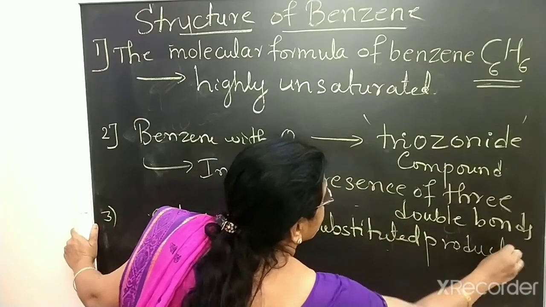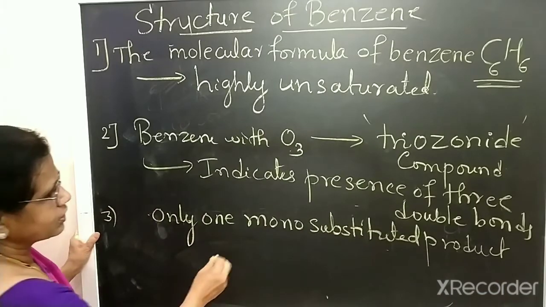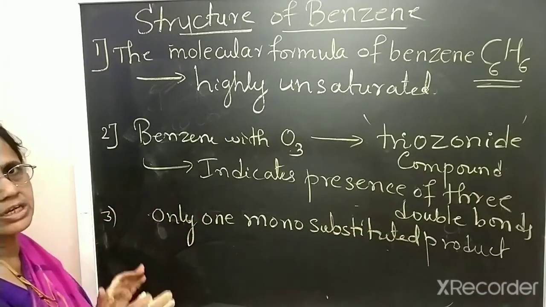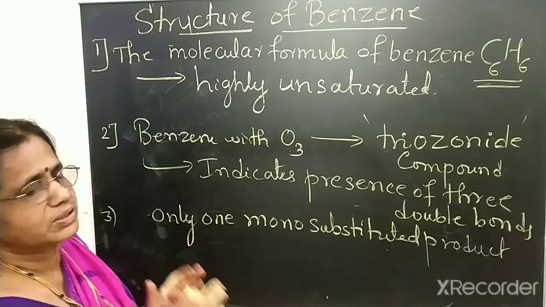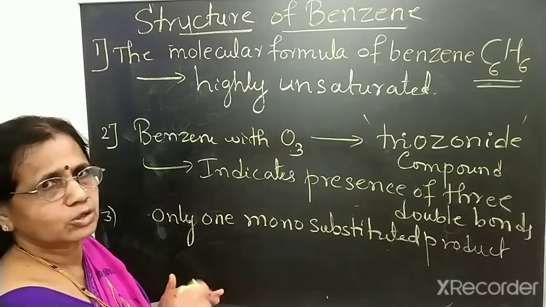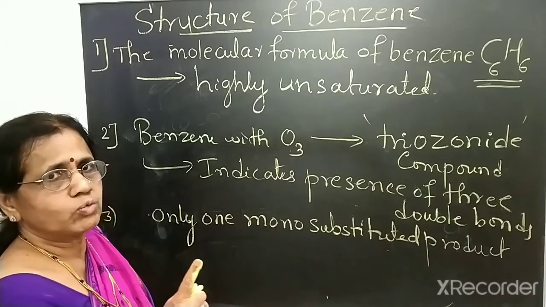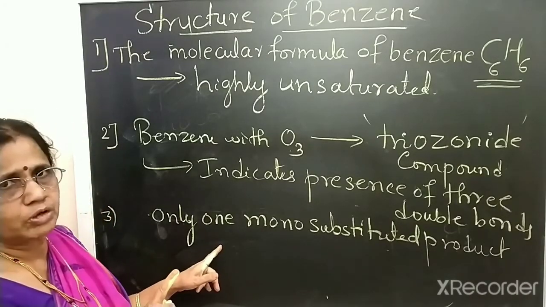Only one monosubstituted product means all the carbons in benzene are equal. It indicates all the carbons in benzene are equal, and also the hydrogens are identical. Therefore, it forms only one monosubstituted product.